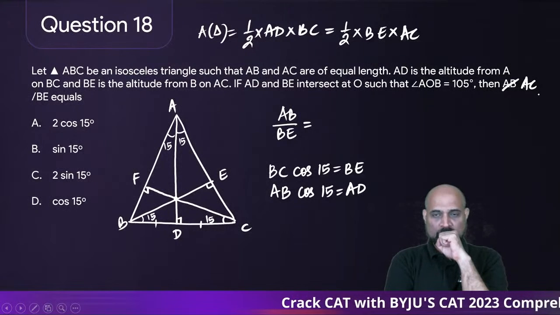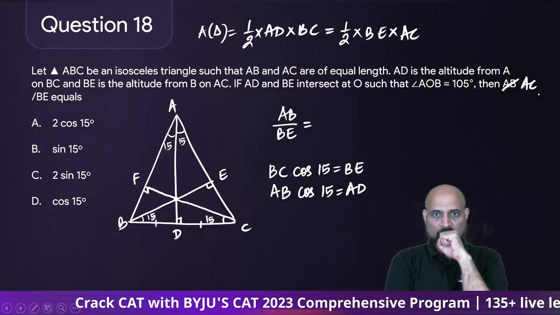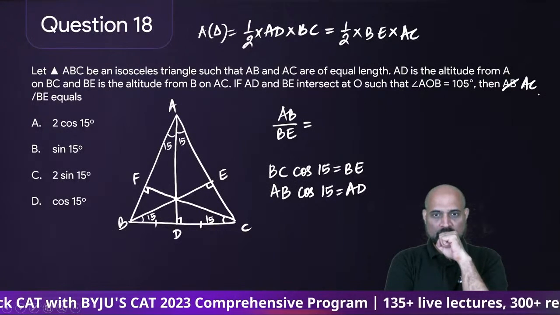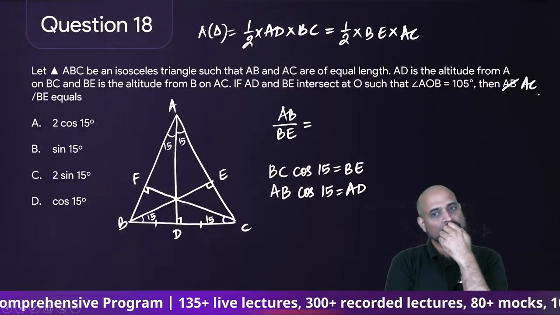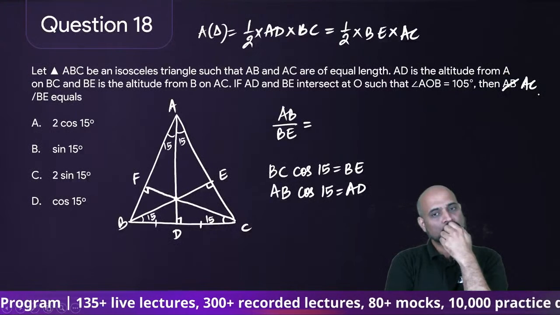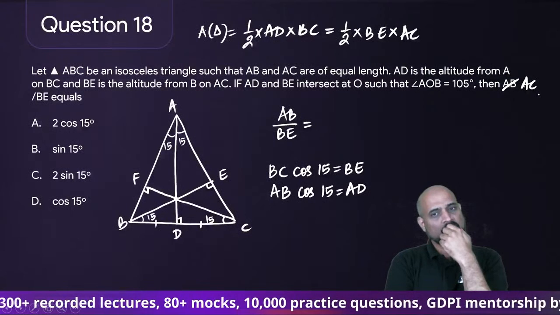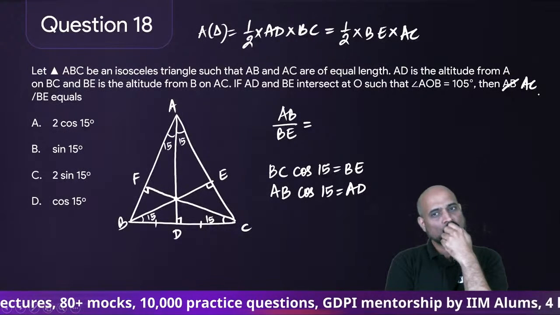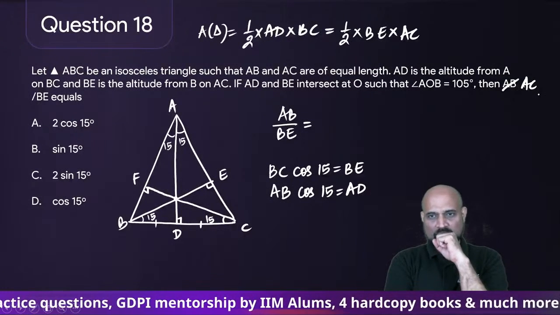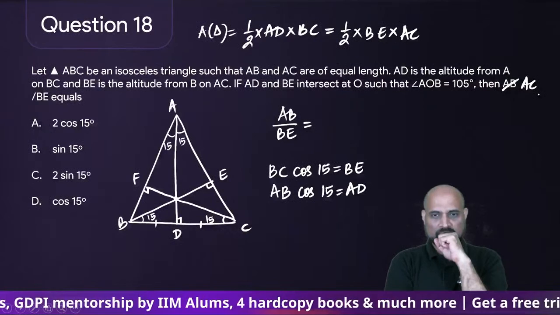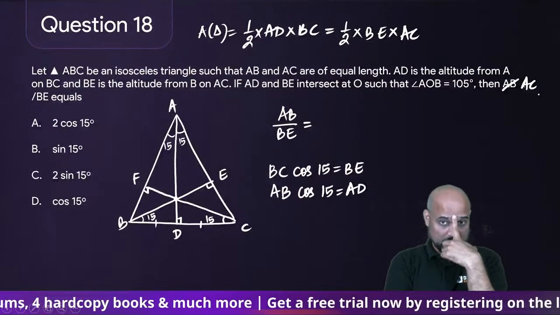AB upon BE. AC upon BE. BC, AD, same thing, doesn't matter. If I cross multiply the two equations, I'll get the same thing as above.